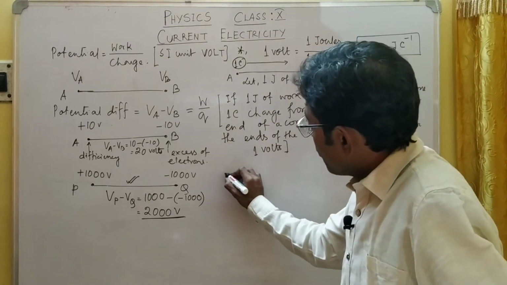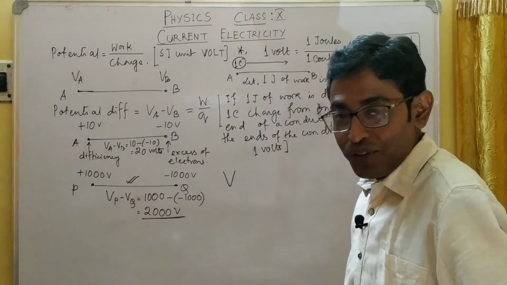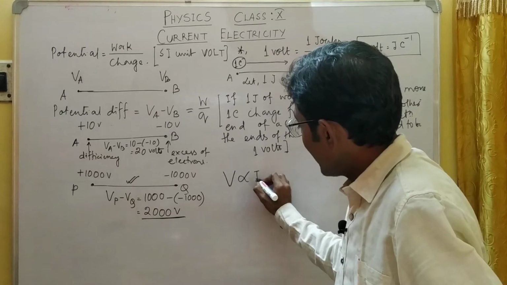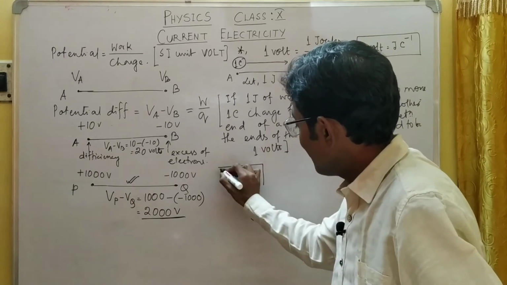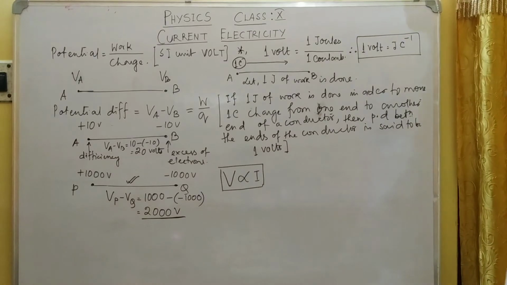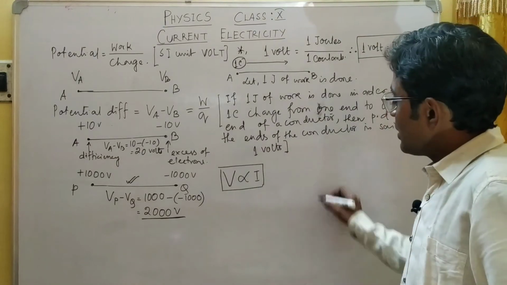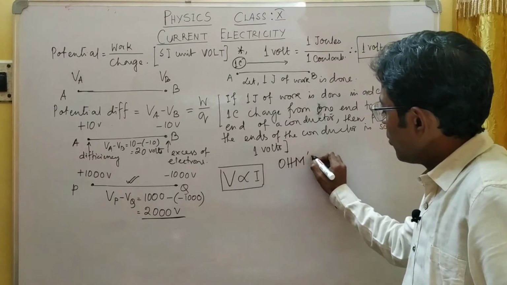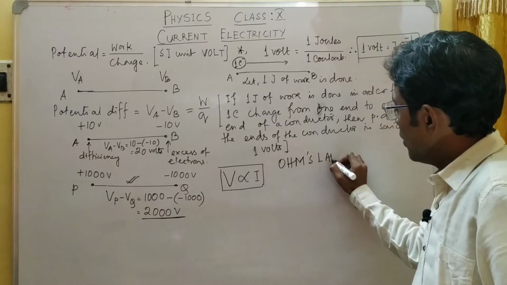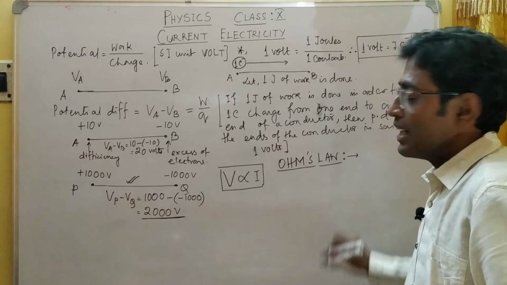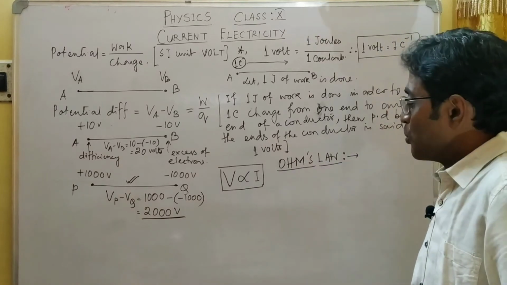Remember, potential difference V is directly proportional to I. I means the current flowing through it. So this is the introduction to a new thing that is called Ohm's law. Ohm's law, a famous law. Until the end of our physics studies, this will be there.